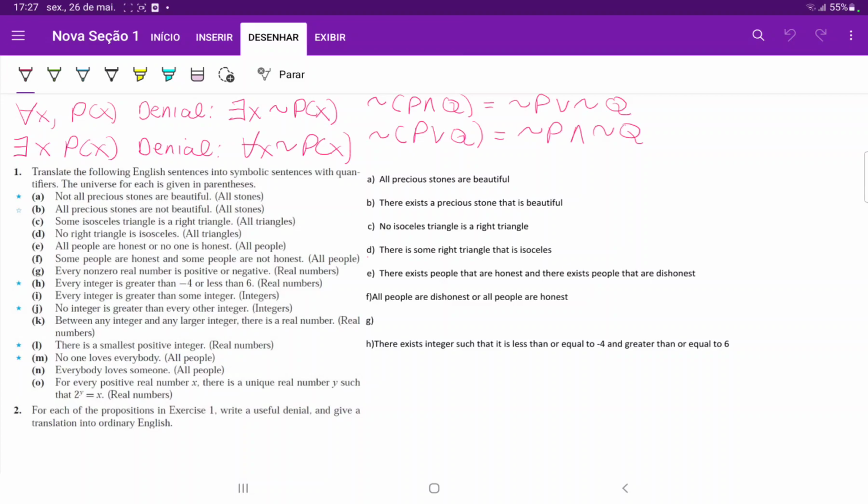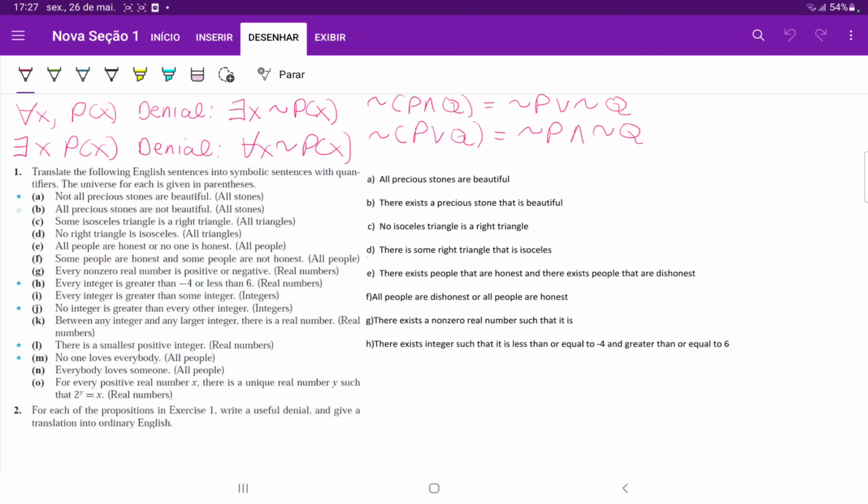So we're going to say there exists, we're denying it with the existential, a non-zero real number such that it is the opposite of positive, non-negative, right?